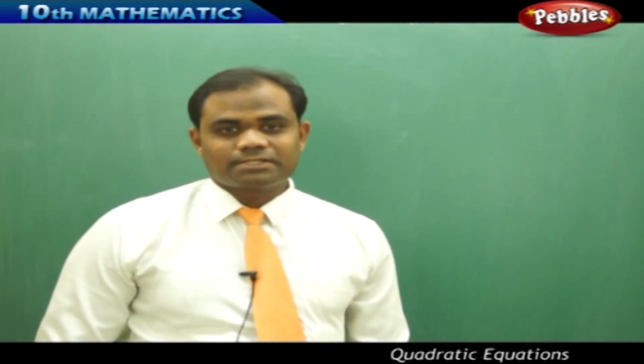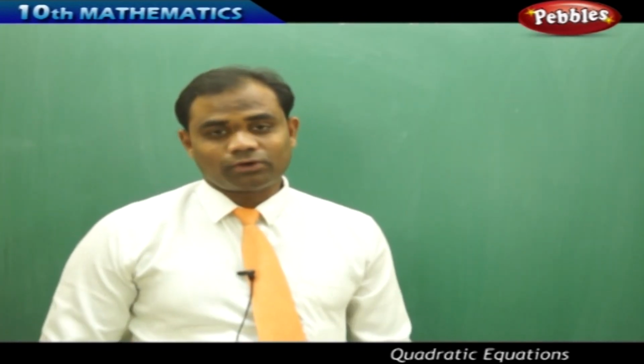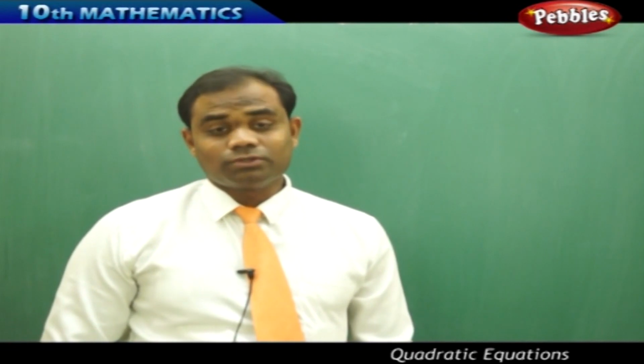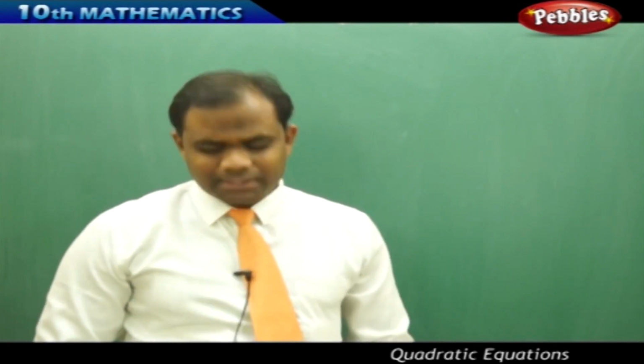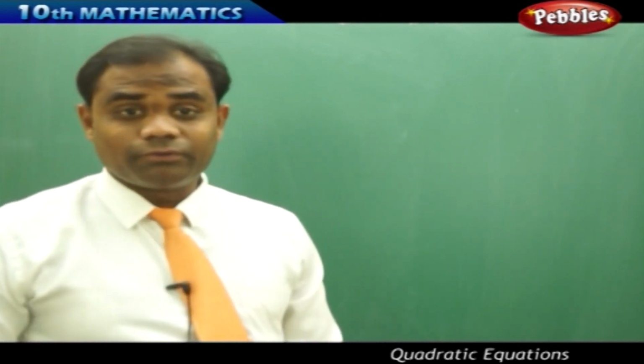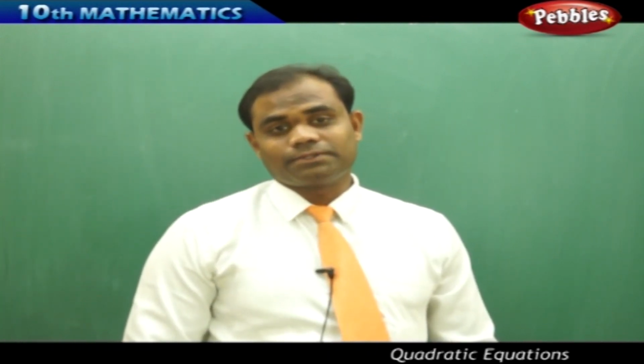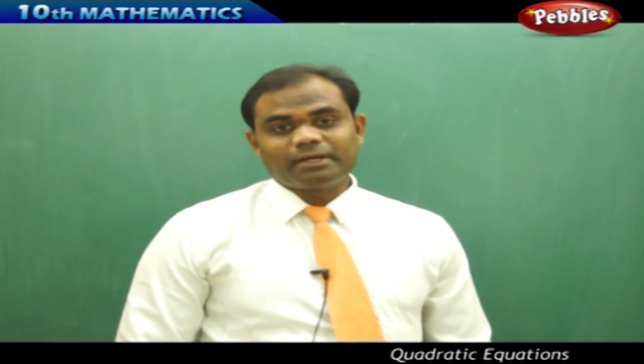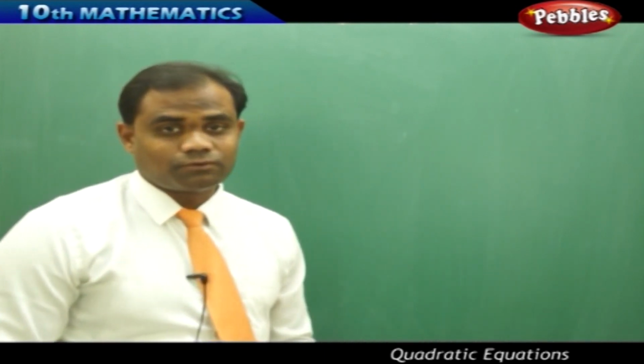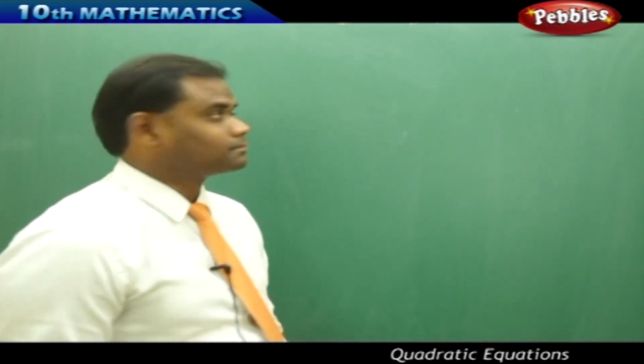So now that we have discussed the solution of a quadratic equation in its most basic definition, let's see what are the various methods through which we can find the solution of a given quadratic equation. There are three important methods identified in mathematics for solving a quadratic equation.